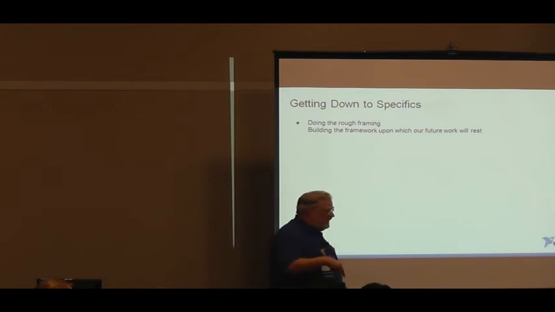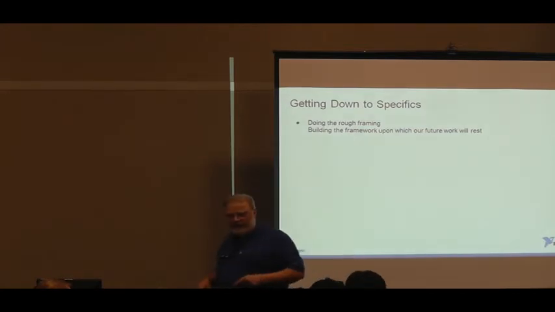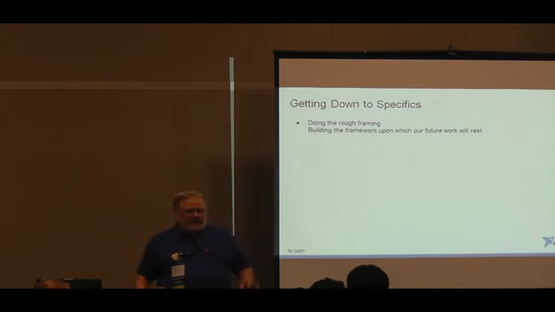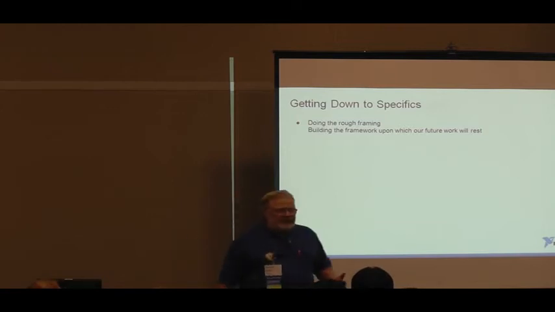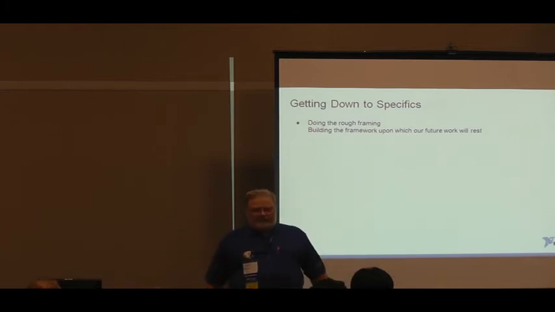So the first thing we have to do in terms of actually taking that little block diagram, that little chart, and turning it into something actually useful, is sort of like doing the rough framing. When you're building a house, the first thing they do after they pour the foundation is you get a bunch of carpenters out and they do what's called the rough framing.